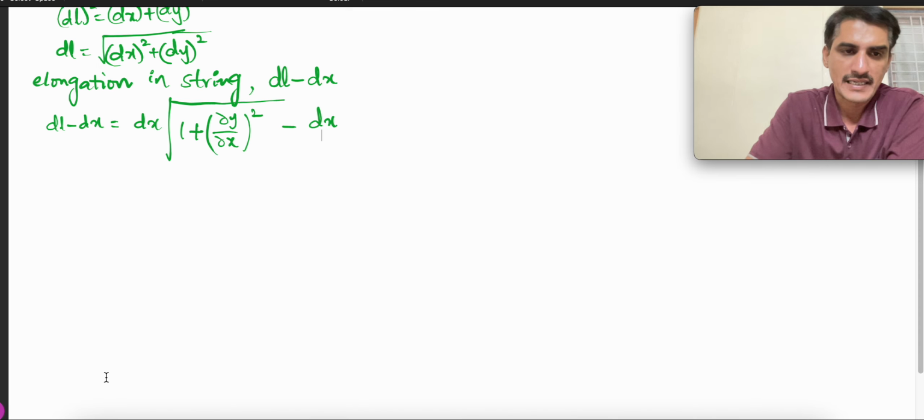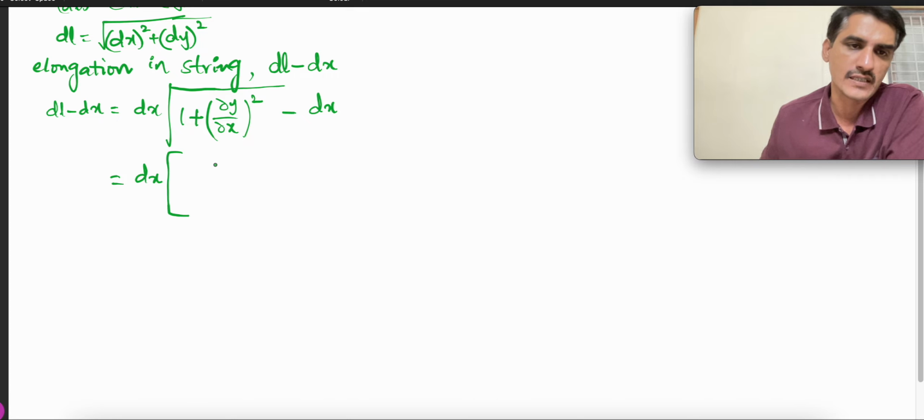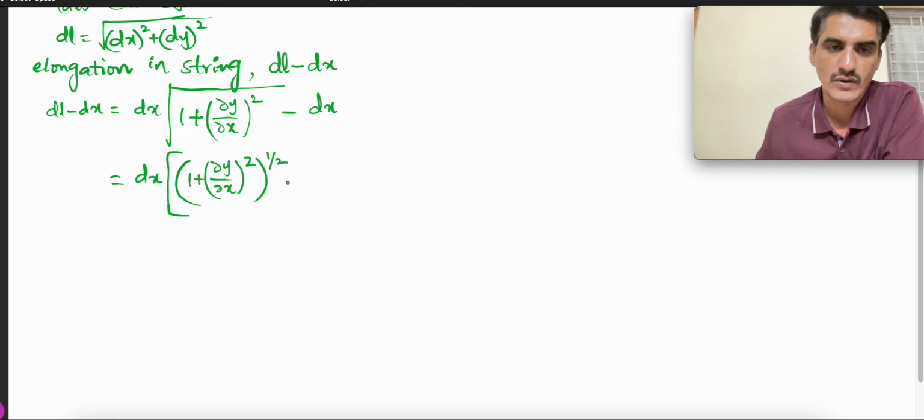So now let us discuss this. dx is taken common in two terms, so that 1 plus dou y by dou x whole square, and whole power 1 by 2 because it has a square root, right? Minus 1.